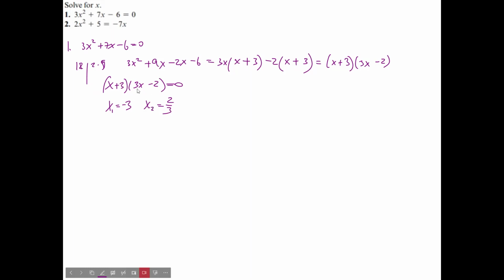I think that's okay. I don't have to go baby steps anymore, right? So we pretty much know what is happening. So the second equation I have to rewrite first in standard form. So 10, so what is it? 2 times 5 will do: 2x squared plus 5x plus 2x plus 5.